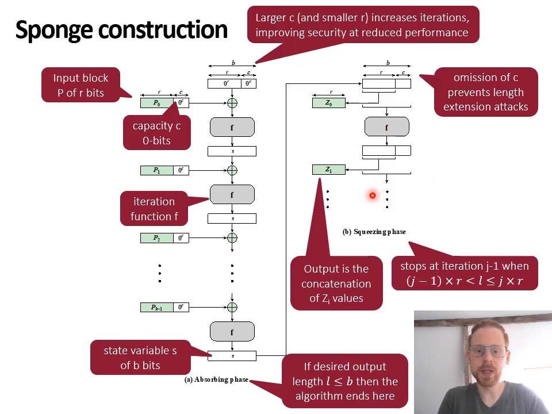This process is repeated until enough bits have been generated to return the desired number of bits L. By omitting this part C from the return block, the intermediary final block cannot be used in a length extension attack because part of each output is always omitted. So therefore, SHA3 is not vulnerable to the length extension attack.